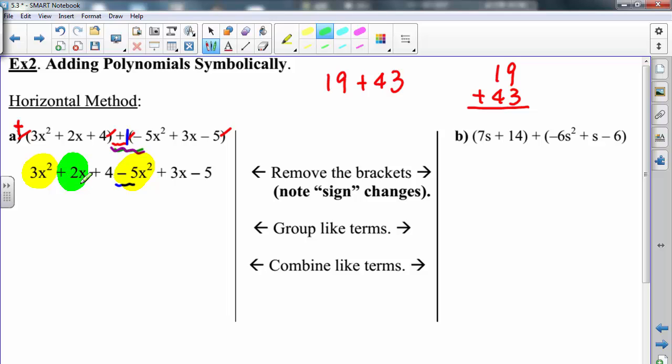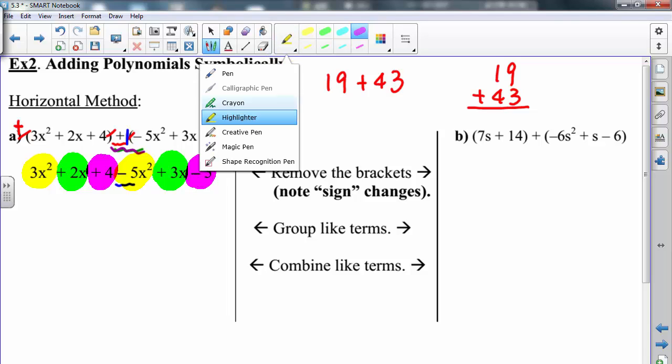Positive 2x. Let's find its like term. Its like term is positive 3x. Positive 4. No x, no variables behind the number. This is a constant term. Let's find its like term. Its like term is negative 5.